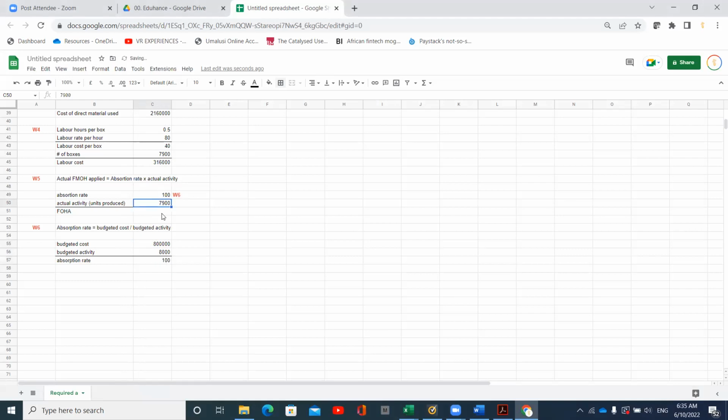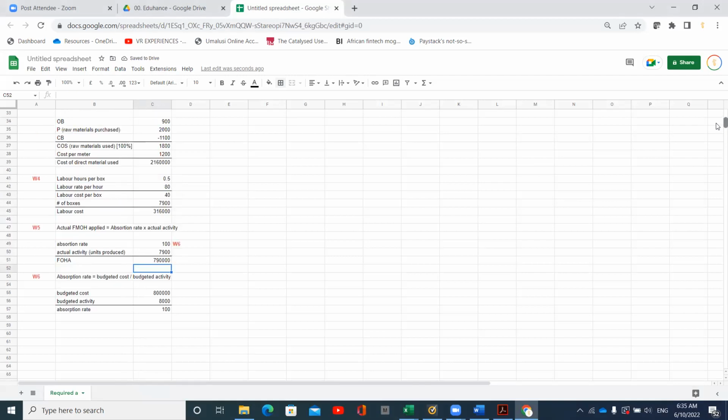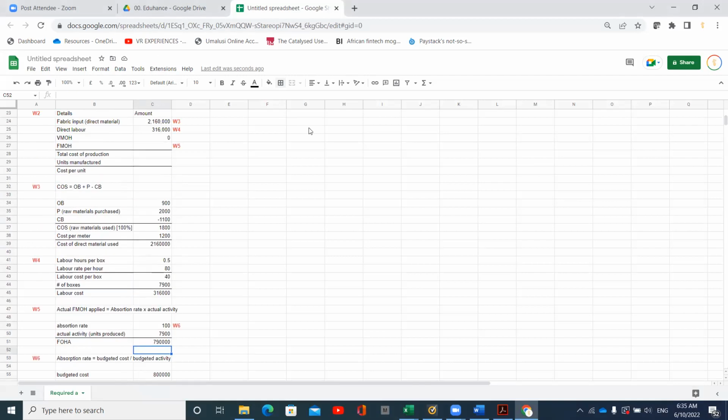So the total overheads applied is equal to 100 times 7,900. So as you can see, the overheads applied does not equal 800,000 Rand. It equals less than 800,000 Rand. And why does that make sense? Because we only produced 7,900. We produced less than what was budgeted for.